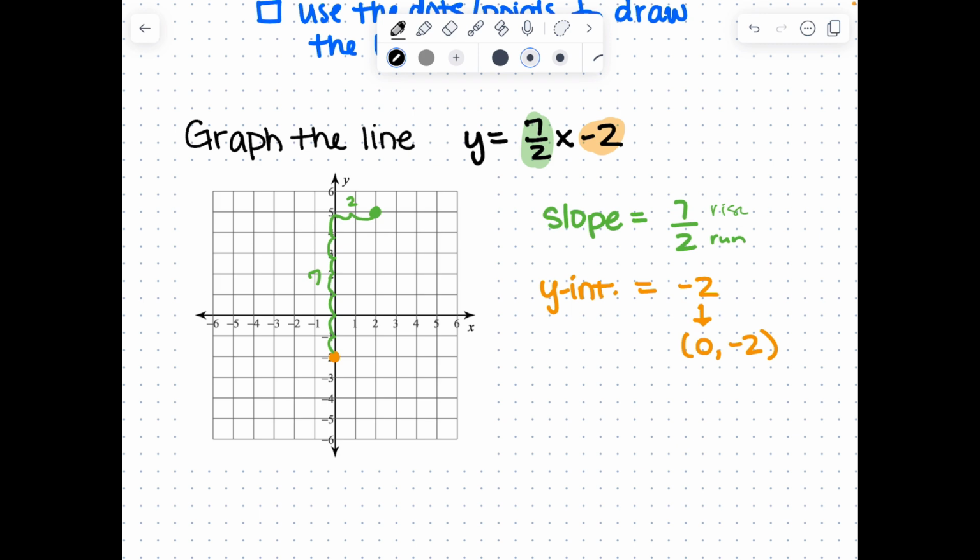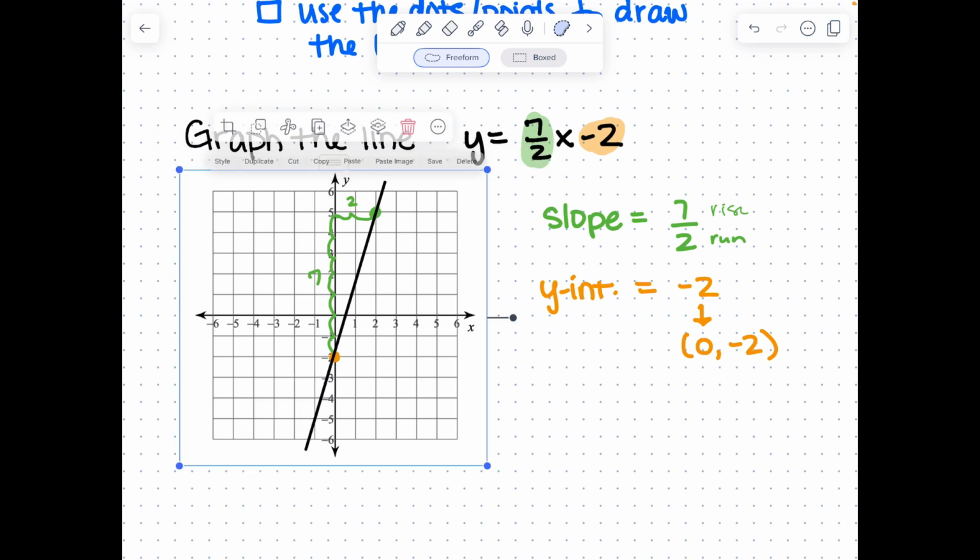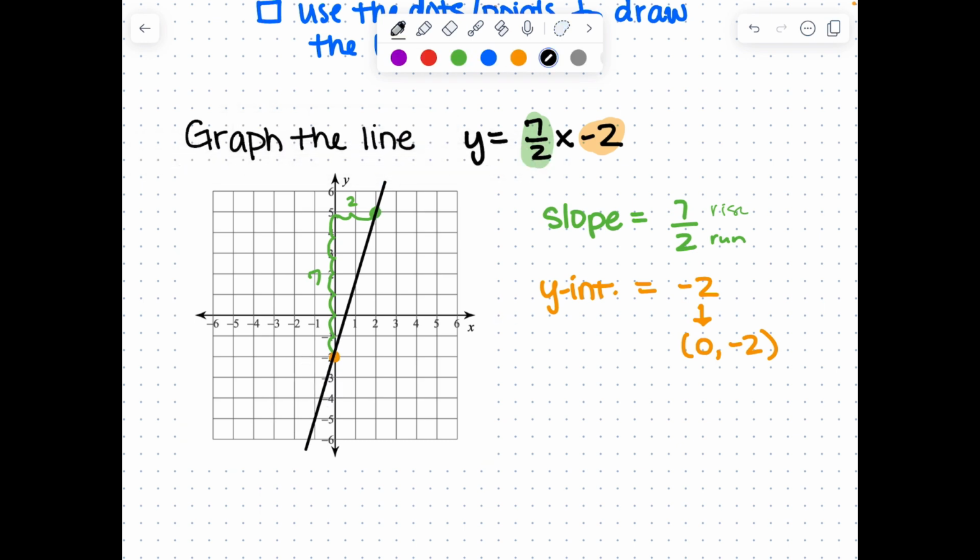Then what we're actually asked to do is graph this line. If you just leave it with the 2 points, that's not going to be enough. We need to have this line here also. You want to do your best to go through the actual center of the points where the grid line was. It is a line, so if you were in my class, I would have you put the arrows on it because lines are infinite, but there are different teachers who say different things about that.